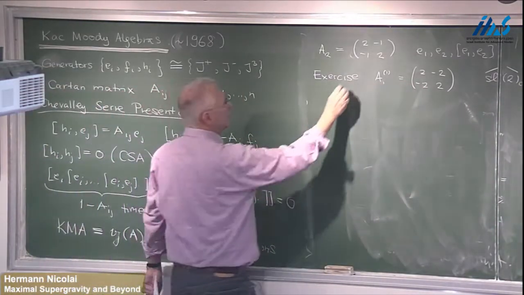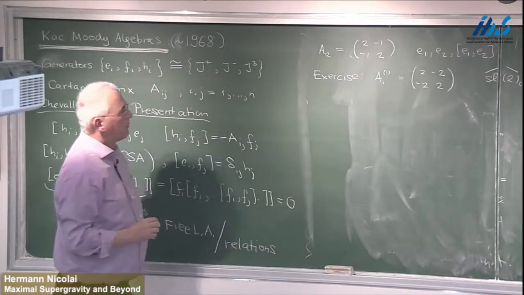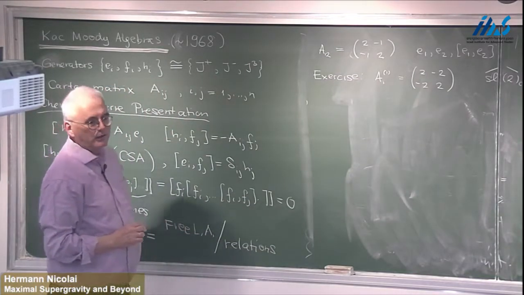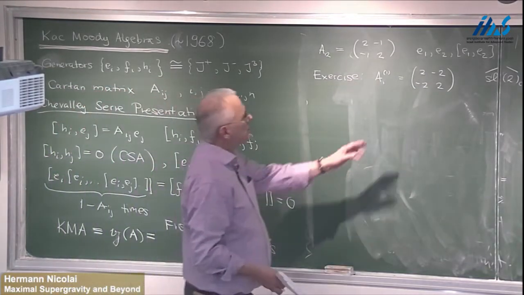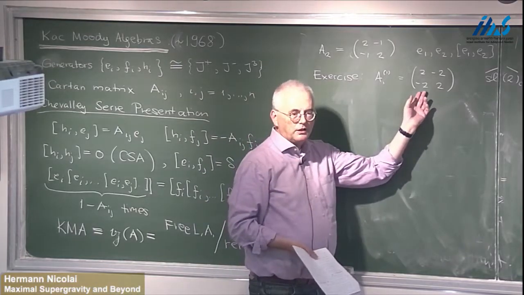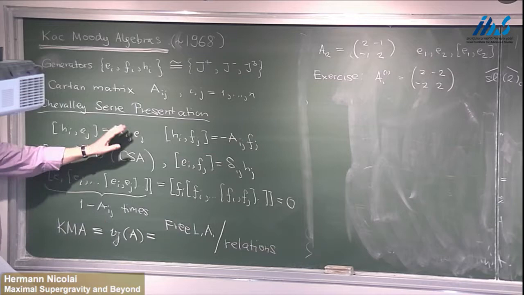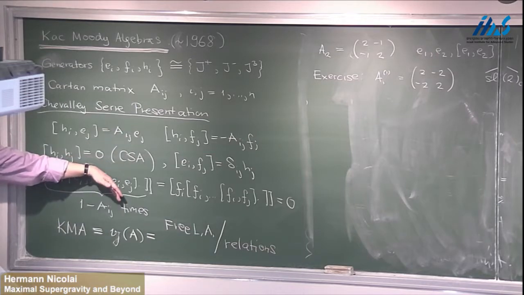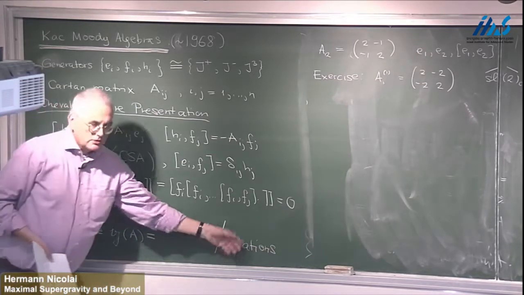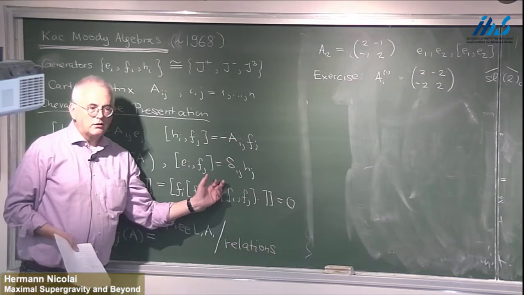So it's a nice little thing to do. Why is it infinite dimensional? It just means that the algebra is of course now defined by taking all multiple commutators subject to these relations.